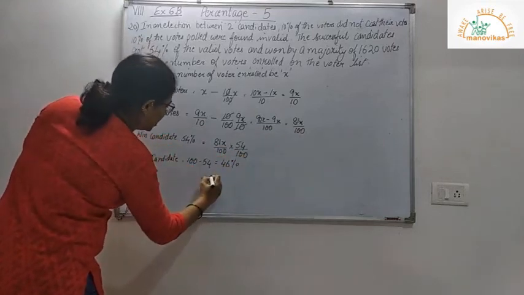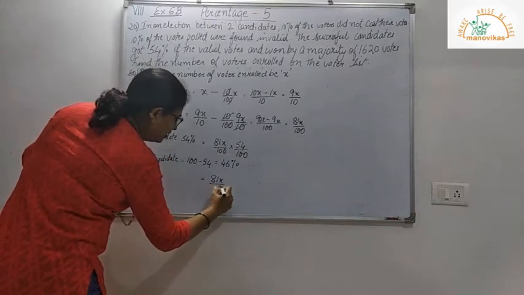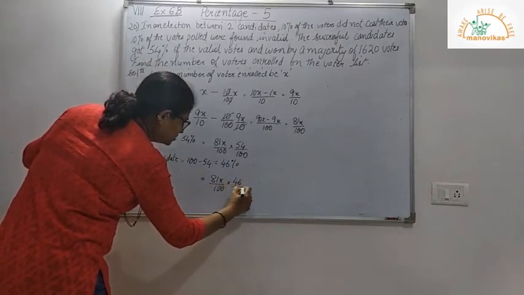So it is this. So I have here 81x upon 100 into 46%.